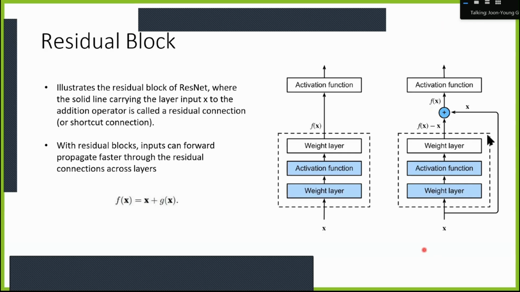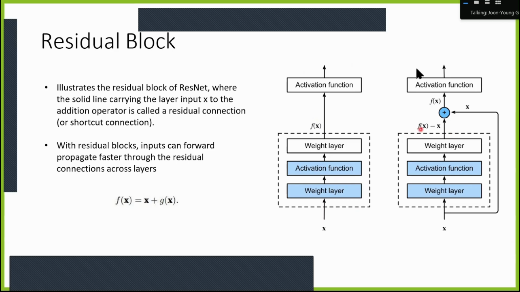The right diagram corresponds to the residual block, and the left diagram is not the residual block. In the left diagram, we can see that, as normal, we input x, which goes through the weighted sum and then the activation function in order to learn some function f of x.